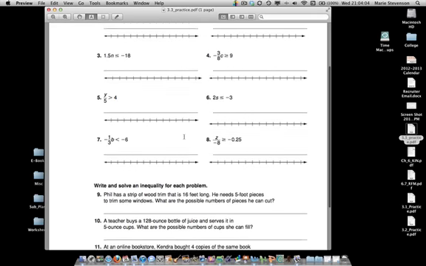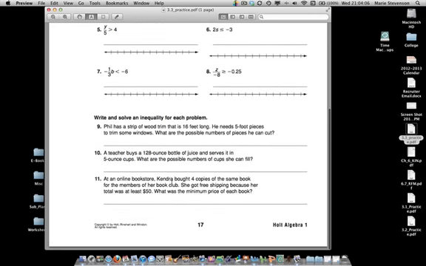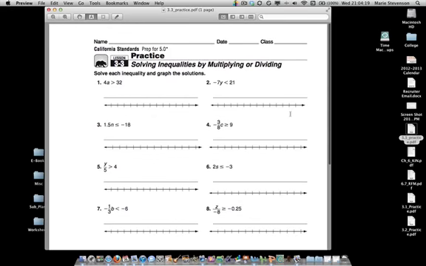You can decide how you want to do that. And you do have a couple word problems. I want you to try to figure those out. I didn't do any word problems with this, but see what you can do. And then you do have number lines, so you can make up your number lines, and that's fine. Alright, so you're working on this, and this is what's going to be due as part of your homework. Okay? So, there it is. Good luck.